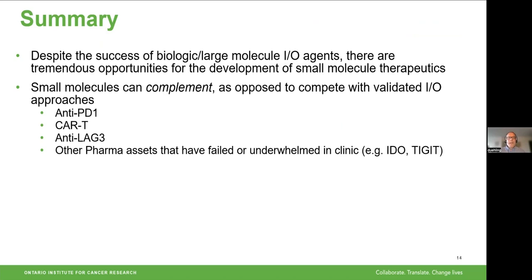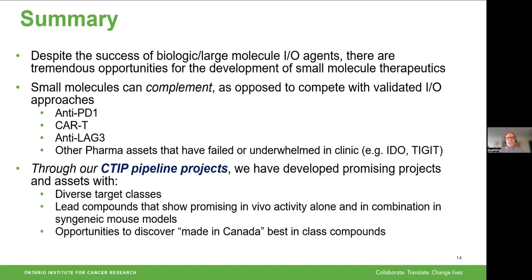And I think there are opportunities for them as single agents, but also to help not only augment the activity of PD-1 and other very successful drugs, but perhaps even rescue drugs that haven't shown too much activity in the clinic. Through our CTIP pipelines, we've developed some nice promising projects, and we're tackling diverse target classes. I think there's lots of opportunities down the road for additional targets. But our overall goal is to discover made in Canada, best in class small molecule drugs.